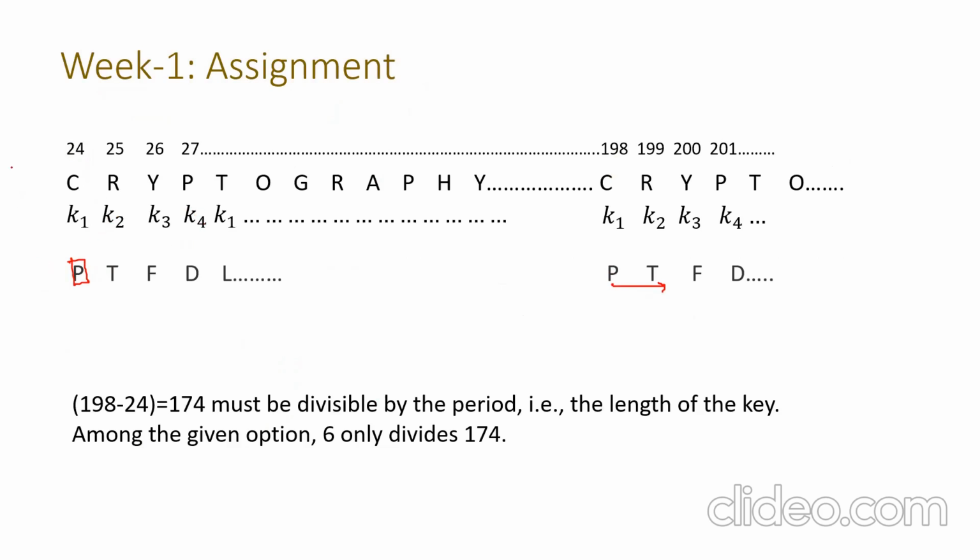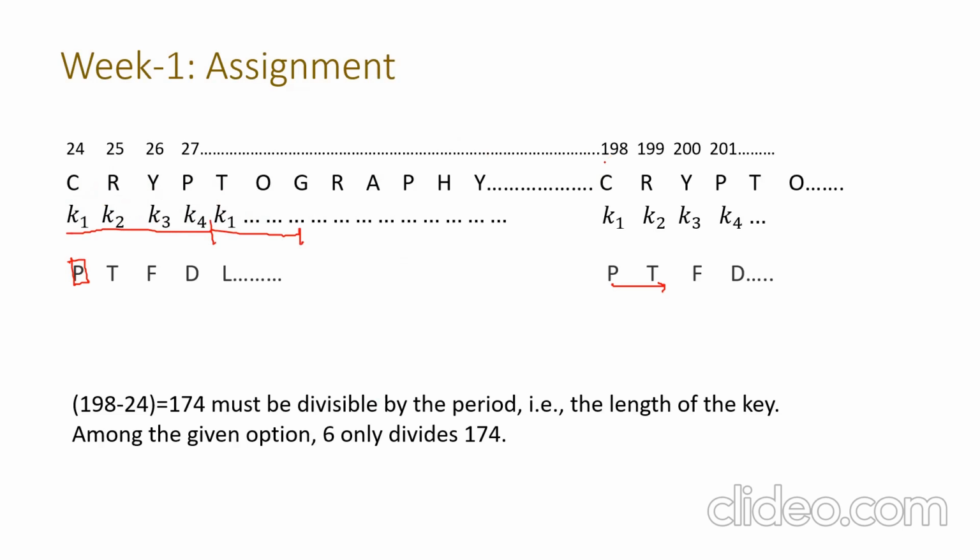In the last slide, I wrote the key as empty, so that has length 5. Okay, 5 letters are there in the key. So the period is 5. Let's say the period had been 4, then what would happen? C will be mapped with key K1, R uses K2, Y uses K3, P uses K4, and then T again uses K1. Like that it goes on. So there is a period of 4 for which the key values are repeating.